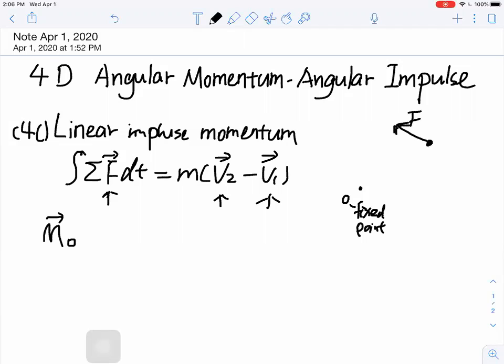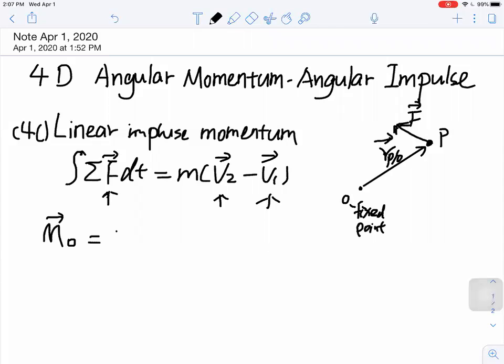If we know the distance from O to that particle, let's call that the position vector r, and let's call this point particle P, and we know this position vector is called r_P/O. And we know the force. How would you express the moment about the fixed point O from this force? From what we learned in statics, that goes like this.